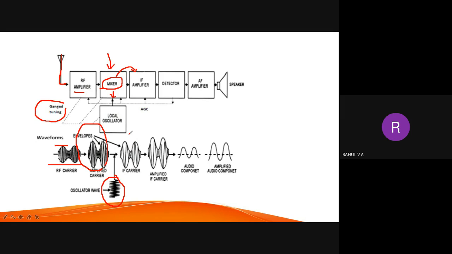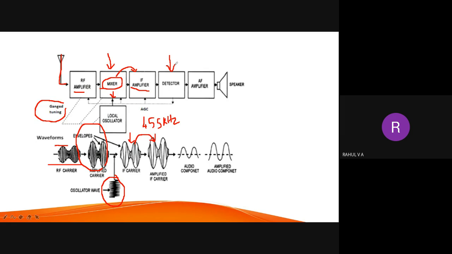So you will get the intermediate frequency signal, and then again it is amplified with the help of the intermediate frequency amplifier. Normally the intermediate frequency is 455 kilohertz. And then there is a detector. This intermediate frequency signal is a modulated signal, having the audio signal along with the carrier wave.